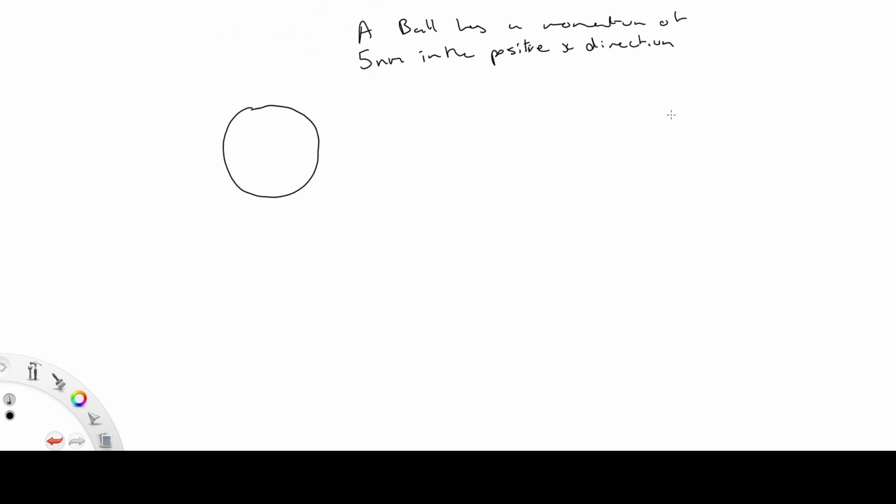Okay, so the positive x direction is in that direction. So this ball has a momentum of 5 Newton meters in the positive x direction. So I can draw it now like this, 5 Newton meters.